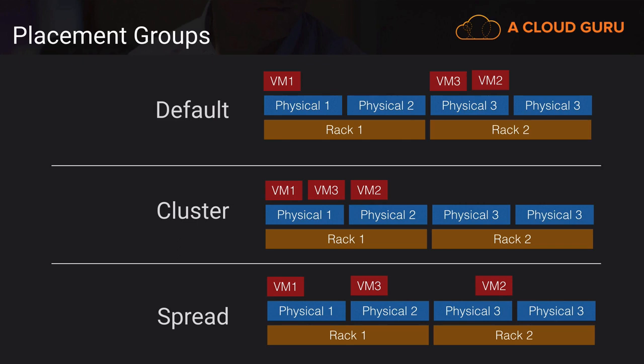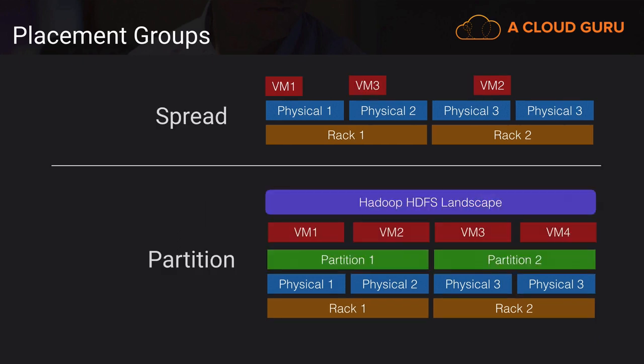You would use a clustered placement group. In this example, we have VMs 1, 2, and 3 that all happen to be on the same rack. Let's say we are concerned about a physical machine failing or maybe a rack failing. We would use a spread placement group to get some diversity on what systems are actually hosting our VMs.